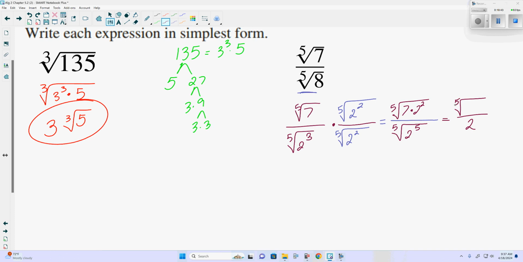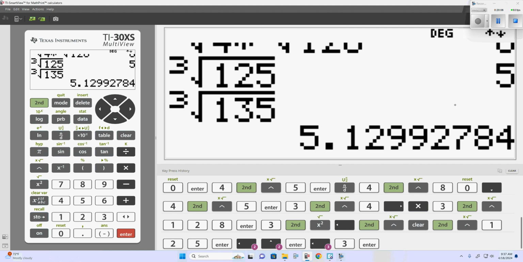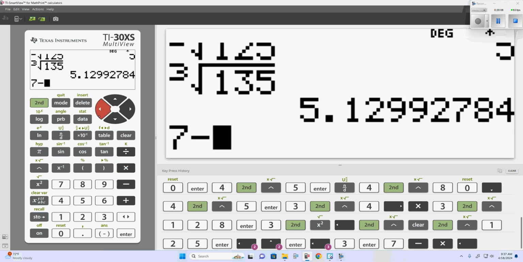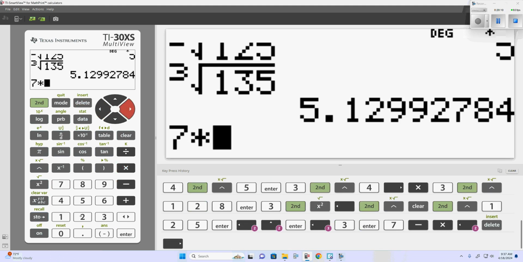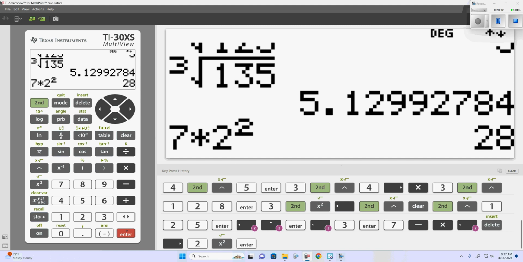Do you think it's going to be possible to take the fifth root of our 7 times 2 squared? Well, if I can't take the fifth root of 7, can I take the fifth root of 2 squared? No. So is it possible to take the fifth root of their product? No. So the last thing we have to do is just multiply them together. 7 times 2 squared. Luckily for us, unlike most of this problem, we can type that in, which is 28.